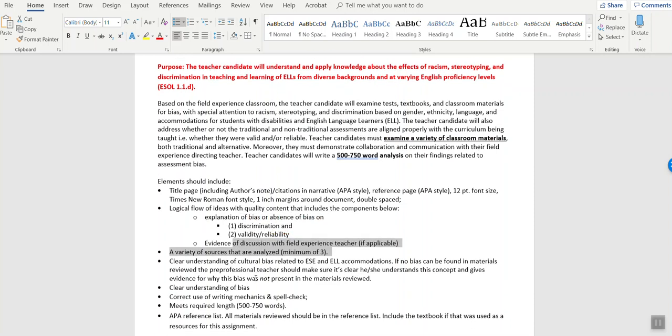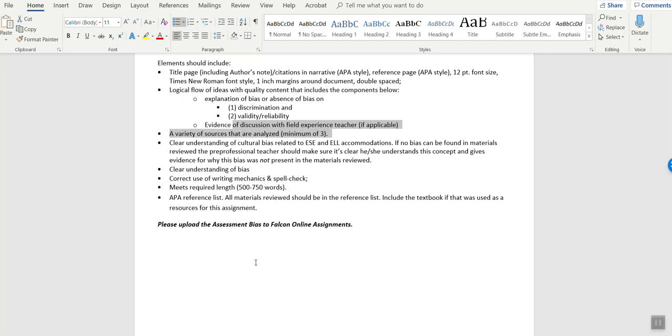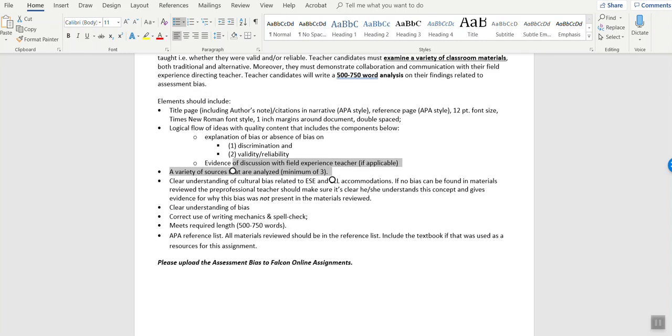Make sure you can clearly explain bias to me, and both types, discrimination and the validity and reliability portion. Keep in mind that one of the really important things about this particular assignment is that I can understand that you understand this issue of ESE and ELL accommodations, and to make sure that when you're looking at assignments and assessments for your students, there's no bias that's found in the materials that would be biased particularly against ESE and ELL students.